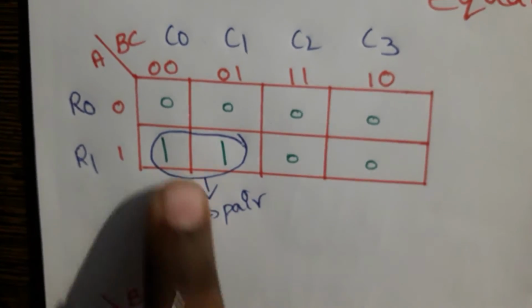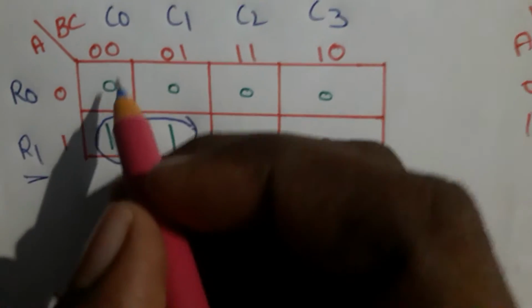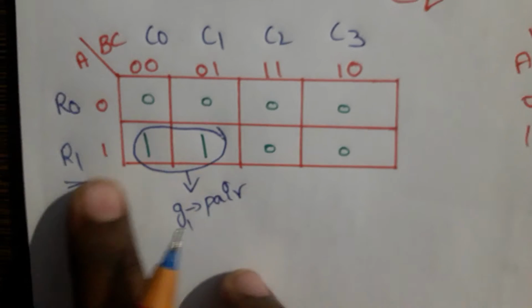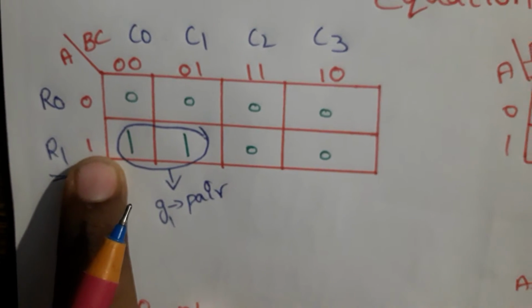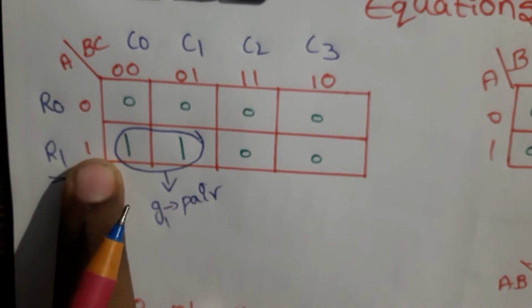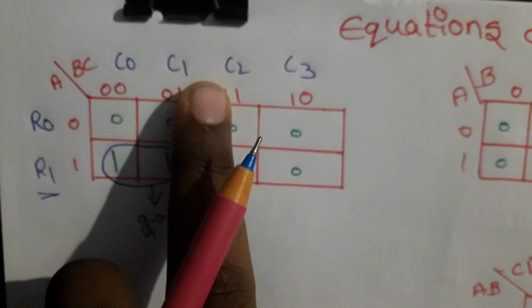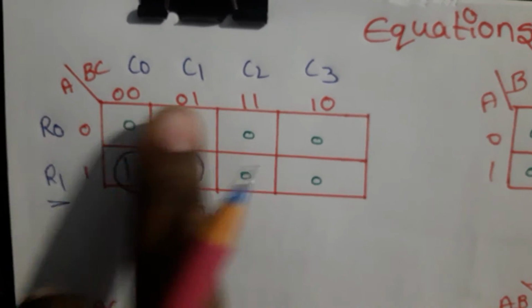This group 1 was covering R1, and it was covering C0 and C1. Whenever it is covering only one row, we can directly take it. Whenever it is covering two columns or two rows, we have to check the common term in both the rows or in both the columns.